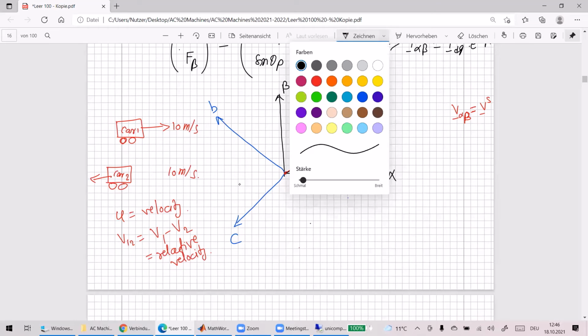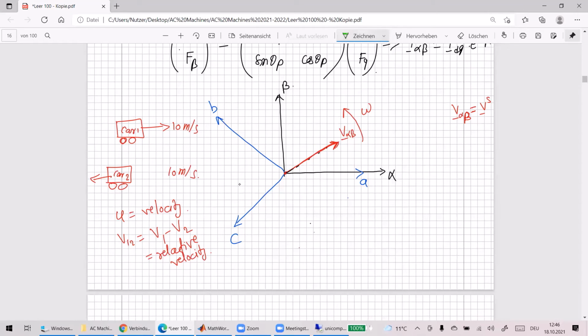I will use green color maybe. So this is the concept that we align our D and Q axis with the rotating vector direction.